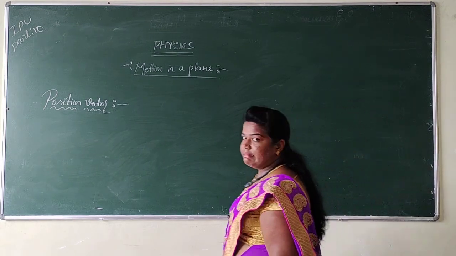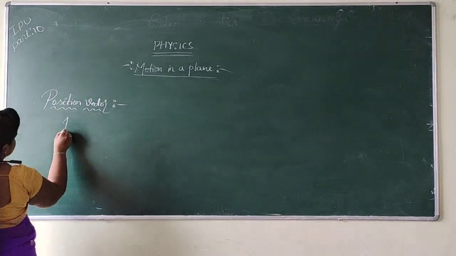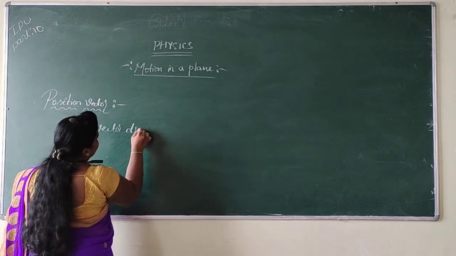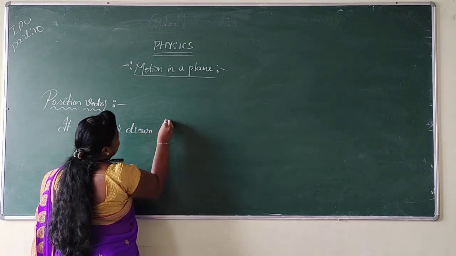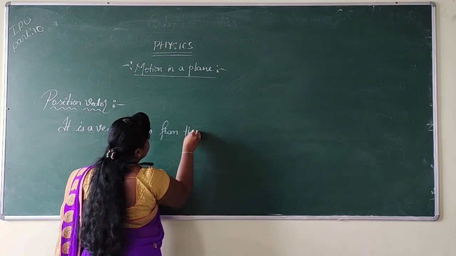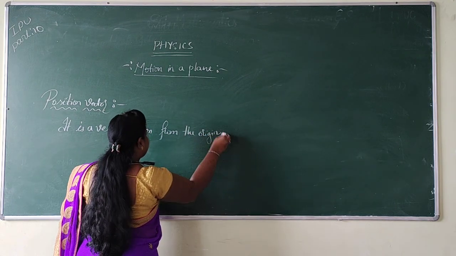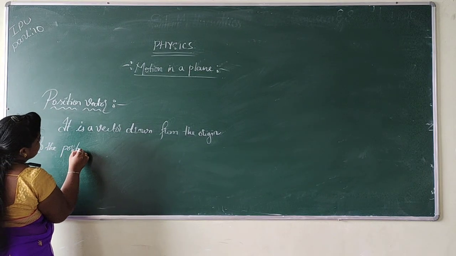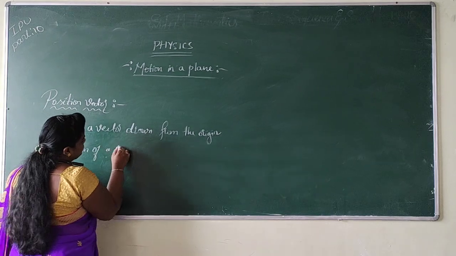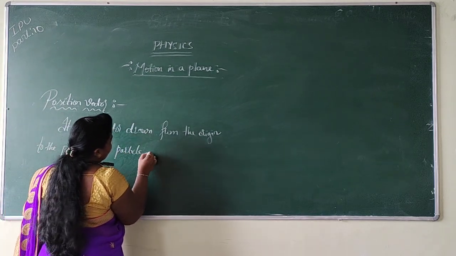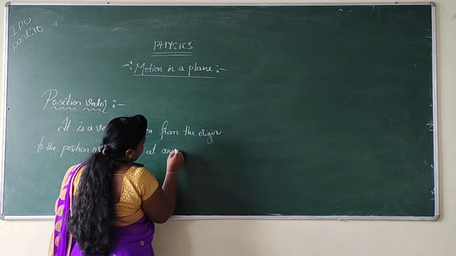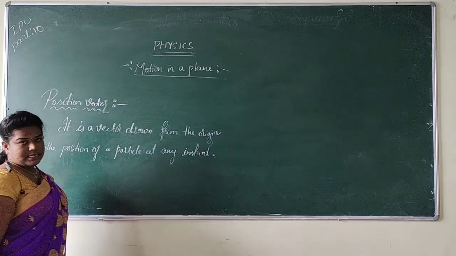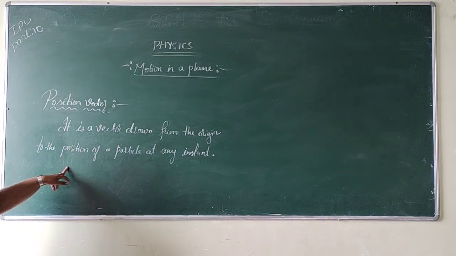Position vector is defined as a vector drawn from the origin to the position of a particle at any instant.